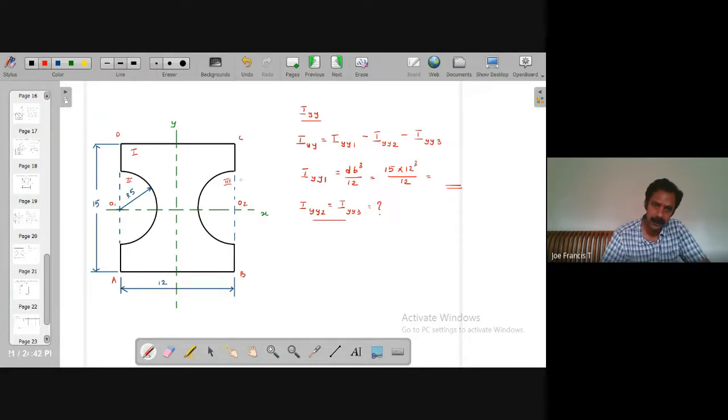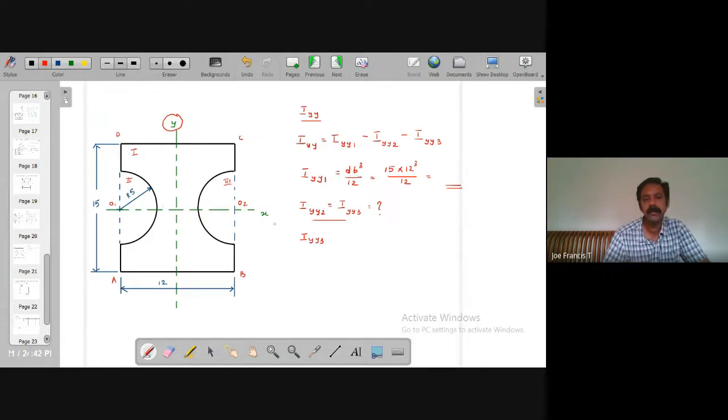Say I take Iyy3 this side. So we need to find the moment of inertia of this semicircle with respect to this y-axis.